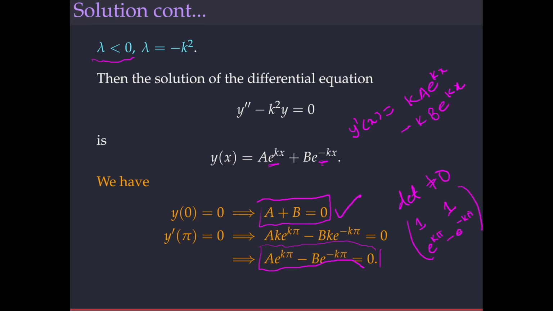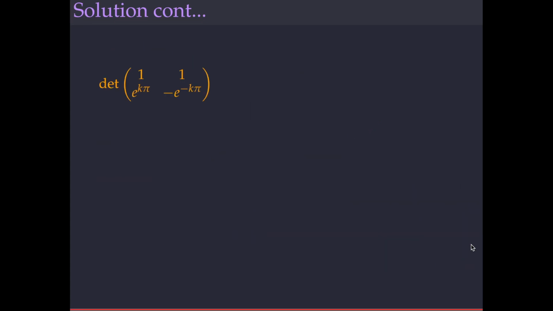If the determinant is 0, then it has a non-trivial solution, and if it is non-zero, then it has only the trivial solution. So let's consider the determinant.